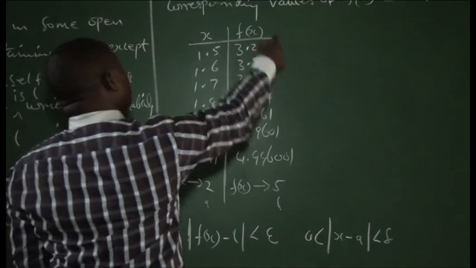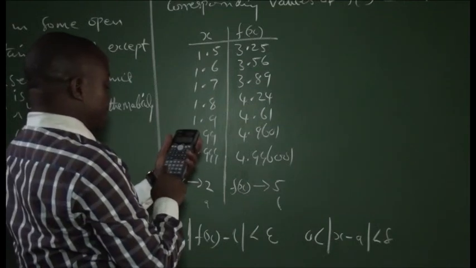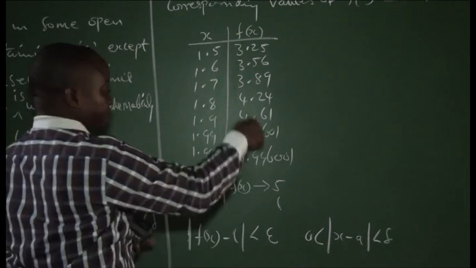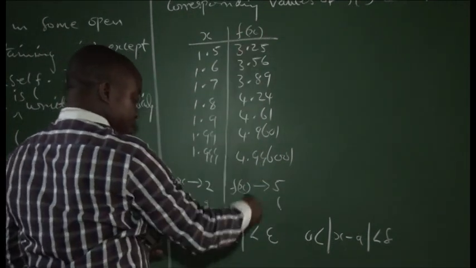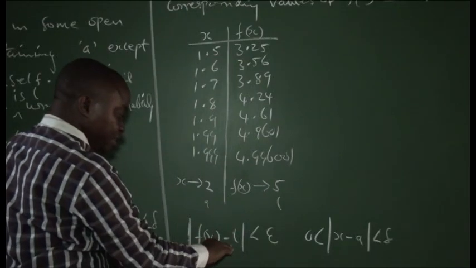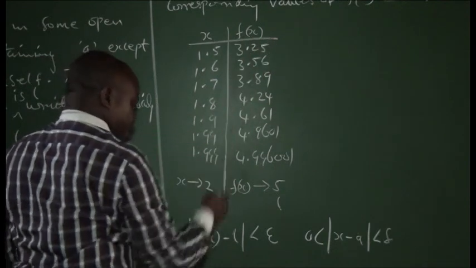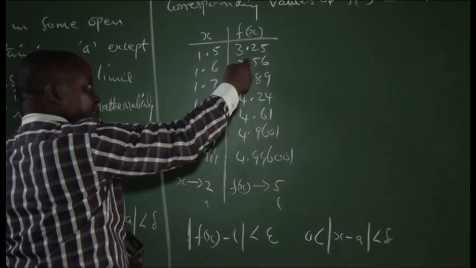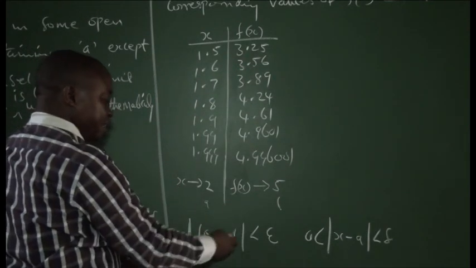Then there is a corresponding value, which is 3.25 minus 5. Which 5? This 5. This side is for f of x. So each one there is f of x minus L. 3.56 minus 5 is f of x minus L.